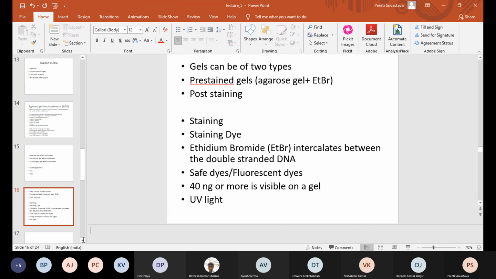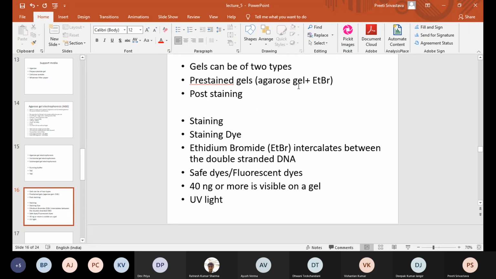So we use either EtBr or fluorescent dyes such as Cy5, Cy3, etc. These are cyanine dyes. Using these dyes, you can perform pre-stained gels or post-staining.